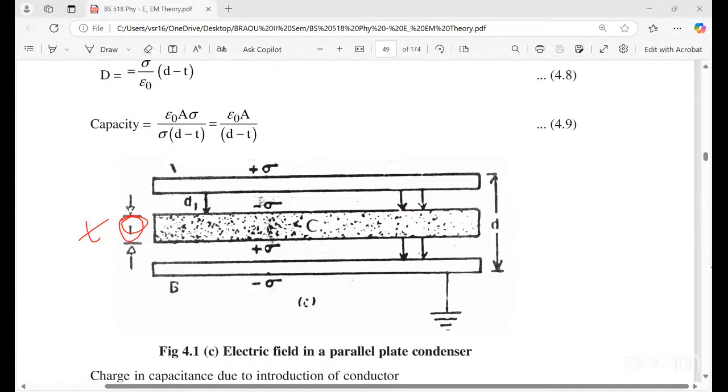From the figure, one plate has surface charge density positive rho, the other has negative rho, and these two plates are separated by a distance d. The thickness of the dielectric slab is t, and from the first plate to the upper surface of the dielectric slab the distance is d1. Is it clear? From the figure we have discussed it.